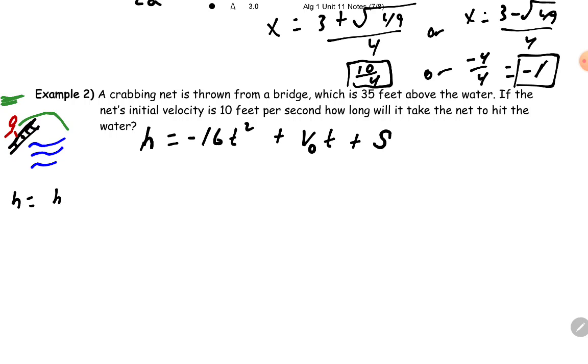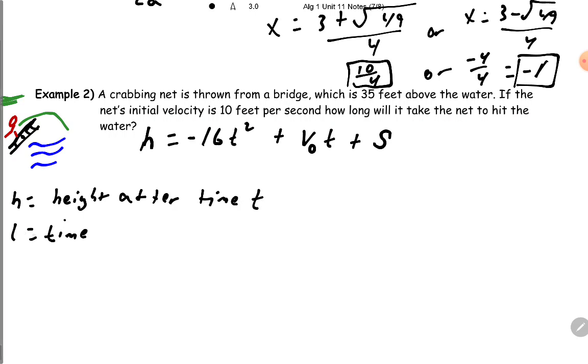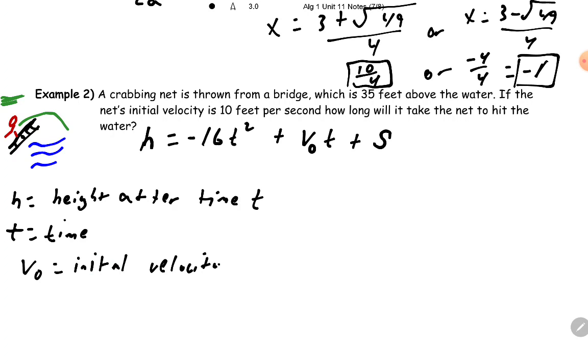H is the height after time. T is time. This v naught, or v sub 0, is initial velocity, basically the speed at which the object was going. And s is the initial height.